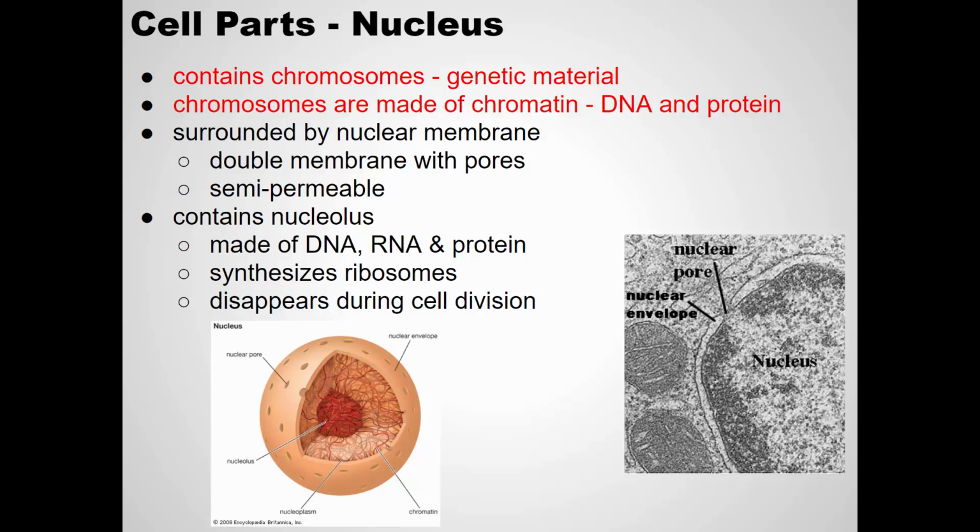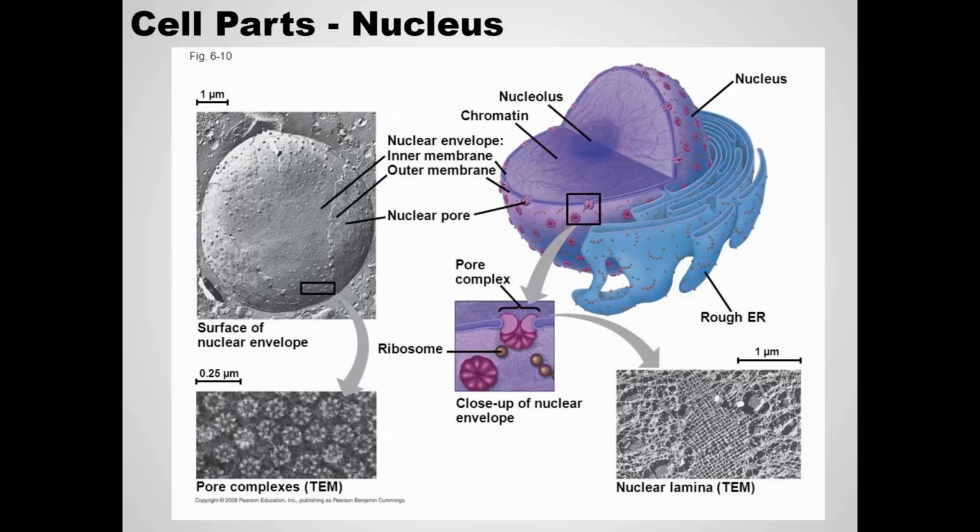When a cell divides, and we'll talk more about cell division at the end of this unit, the nuclear membrane and the nucleolus both disappear and are no longer visible when the cell's in the process of dividing and reproducing. So if we look at this large purple thing in the illustration, that's the nucleus as a whole.